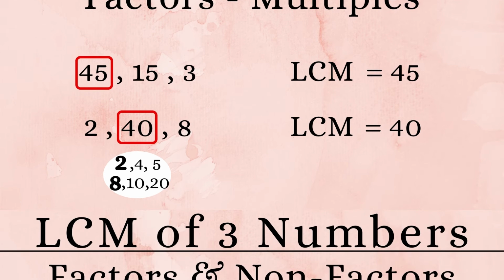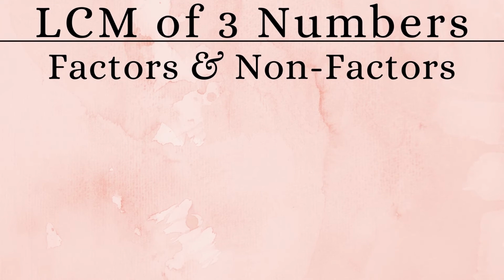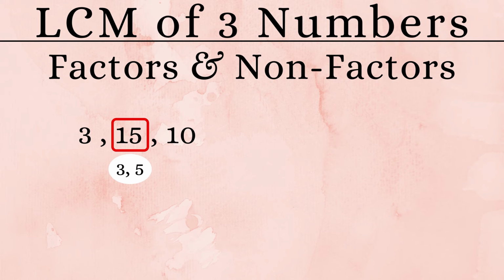In our next set of examples, let us find the LCM of numbers which have a combination of factors and non-factors. 3, 15 and 10. As usual, we mark the largest number, 15. And then we write down the factors of 15. We can see that 3 is a factor of 15, but 10 is not.